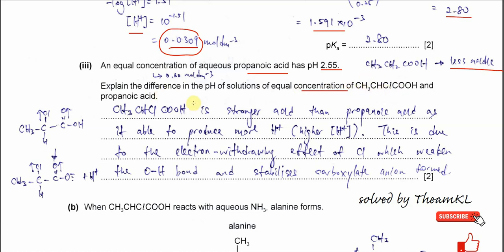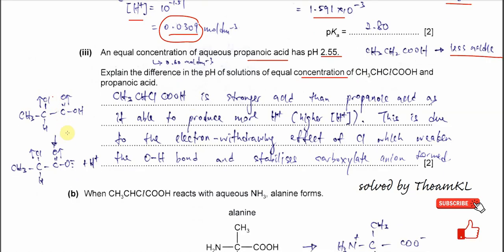So the main reason, of course, is the chlorine in the 2-chloropropanoic acid. We know that chlorine is an electronegative atom. It withdraws electrons toward itself, and the electrons must come from somewhere. So the electrons come from the OH here.